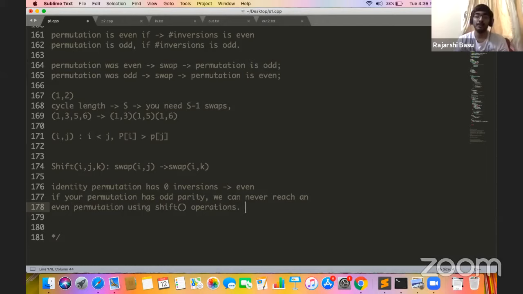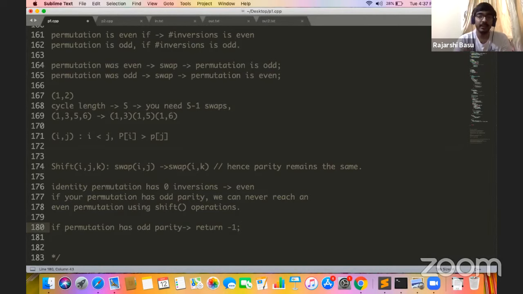So after a shift operation, your parity remains the same, correct? Hence parity remains the same. So first you check that if the permutation has odd parity, then directly return -1. It's not possible, right? If it has even parity, then how do we actually get a solution?